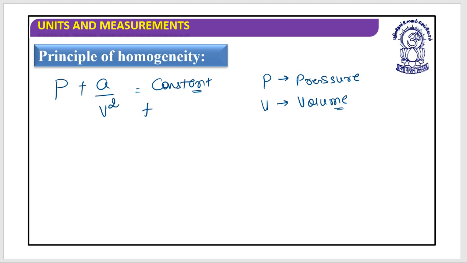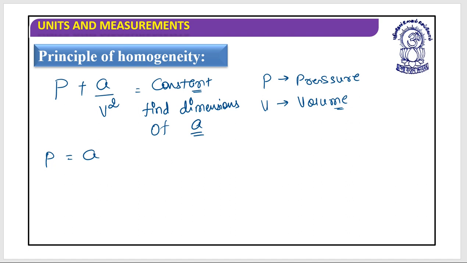I need to find the dimensions of a. How could I write it? Can you write that P and a have the same dimensions? How many of you are thinking this? That sir, P has the same dimension as a.